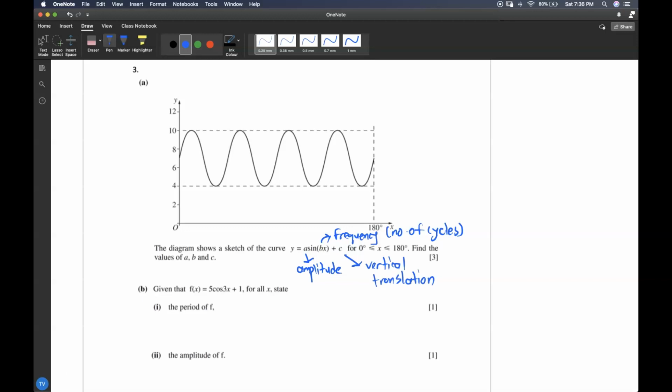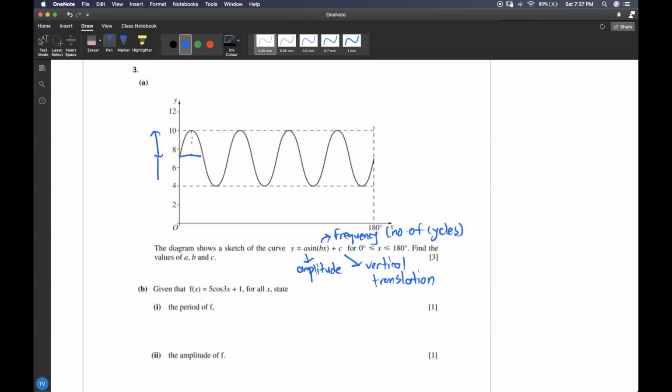Alright, so we are almost there. Let's try and figure it out. Let's look at amplitude. Amplitude is always the maximum value or the minimum value that we can find, starting from the initial stage of the graph. So this is basically your amplitude.